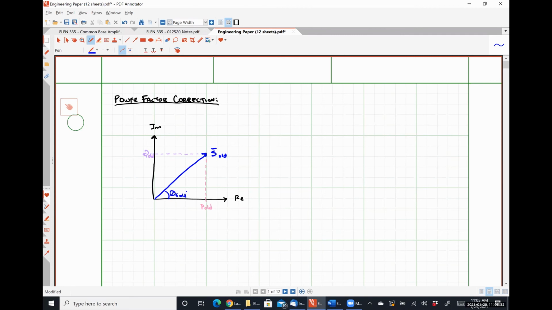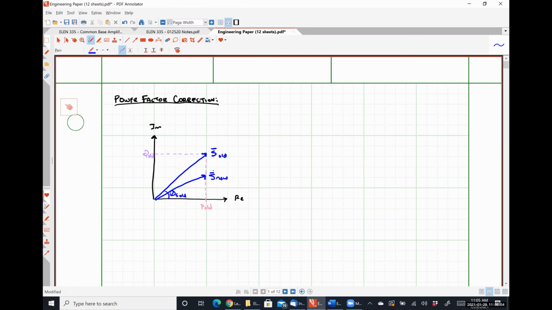So instead, we need to develop a means by which we can lower the reactive power. Let's say that I decrease my angle to this point. I'm going to call this S new.